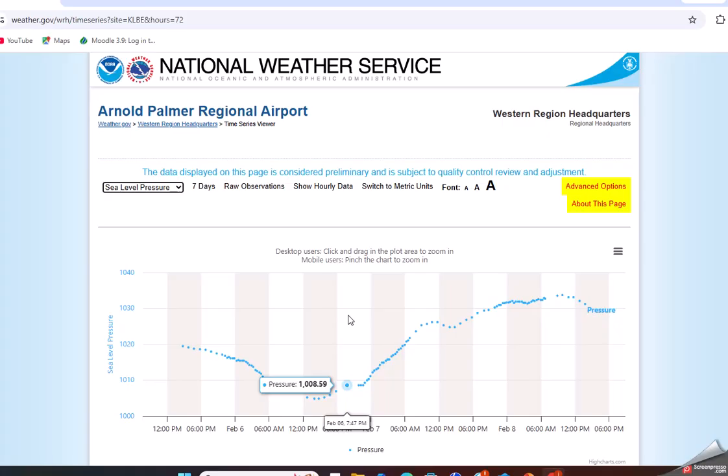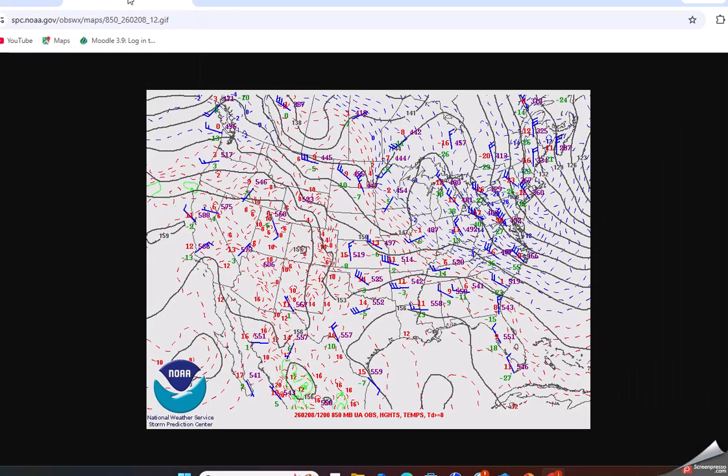Now, one final thing I wanted to show you here is we talked about the pressure change in the vertical. This is 850 millibars. If I am at, say, 1,000 millibars in northern West Virginia, eastern Ohio right now, above that, 850 millibars is at about 1,492 meters.